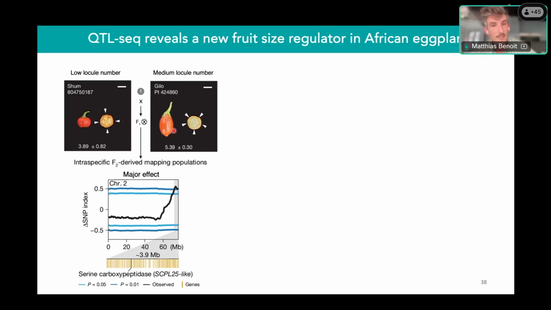So here we basically detected a new fruit size regulator in African eggplant that hasn't been found before in any other Solanum species, and particularly not in the major crops such as tomato. So we wanted to know what would happen if we would mutate this gene in other Solanum species, including tomato, right?